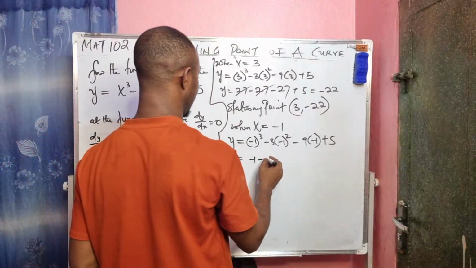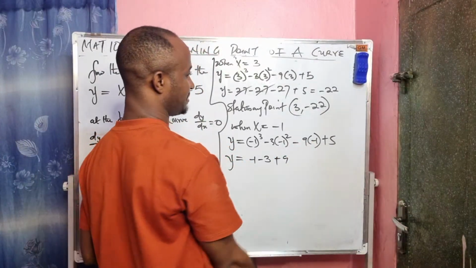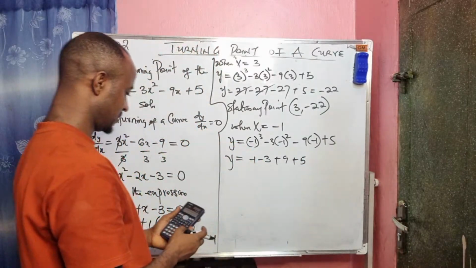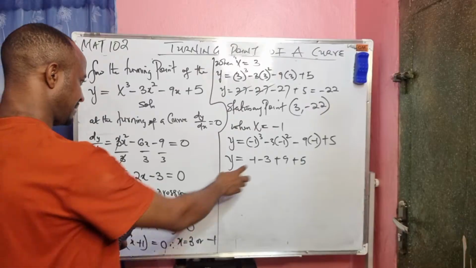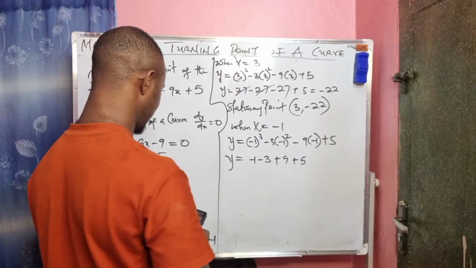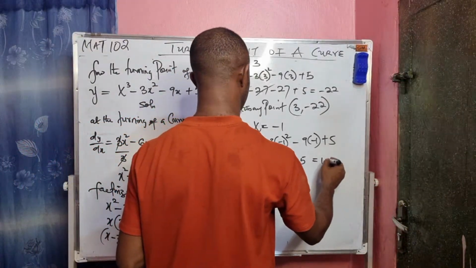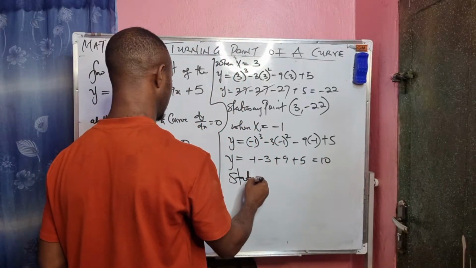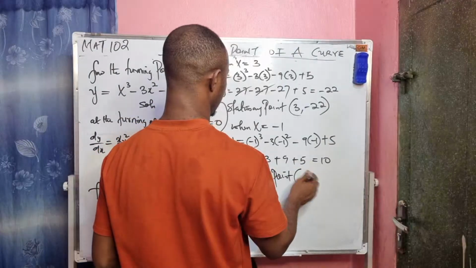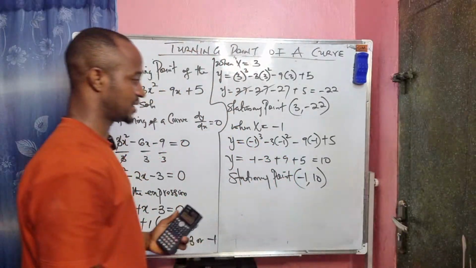Then 1 times minus 3 is minus 3. Here we have plus 9. Minus 9 times minus 1 is plus 9, plus 5, right? So we're going to have minus 4 plus 9 plus 5. This will give us equals to 10. So our stationary point is when x is minus 1, y is 10. That's the second stationary point.